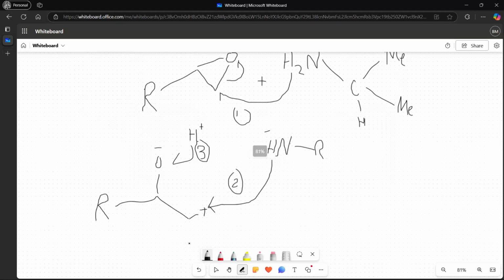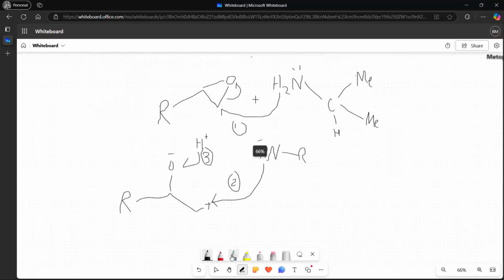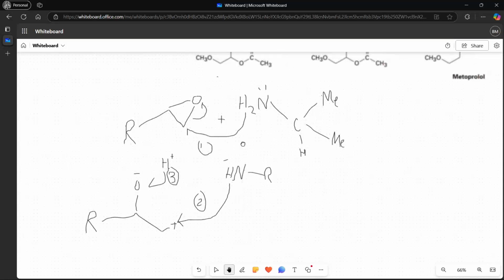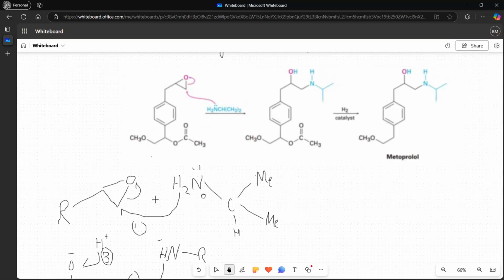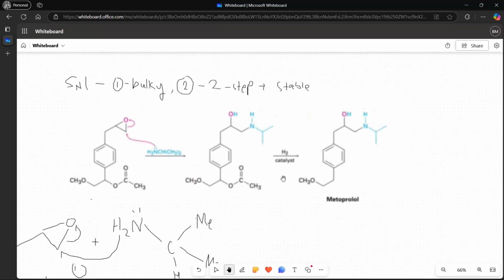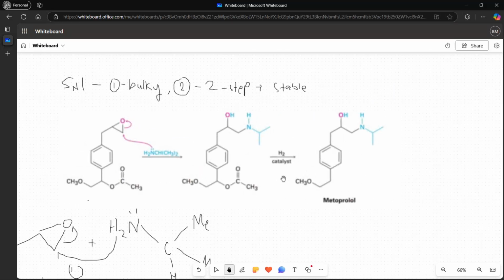There's a generation of an alcohol group because of the free proton in your system. Okay? So after that one, we satisfy all of the steps for an epoxide ring breakage or cleavage.